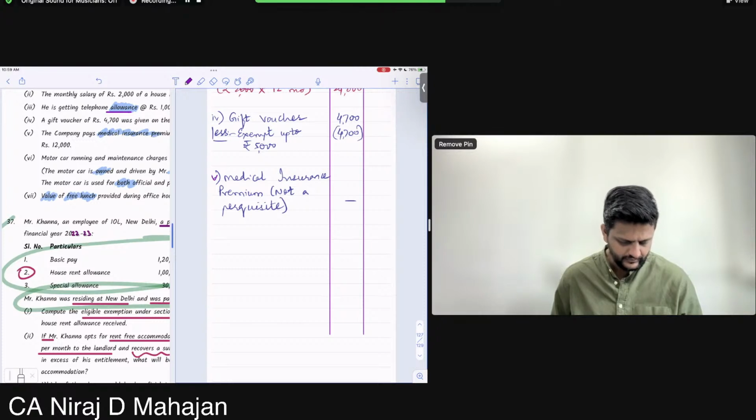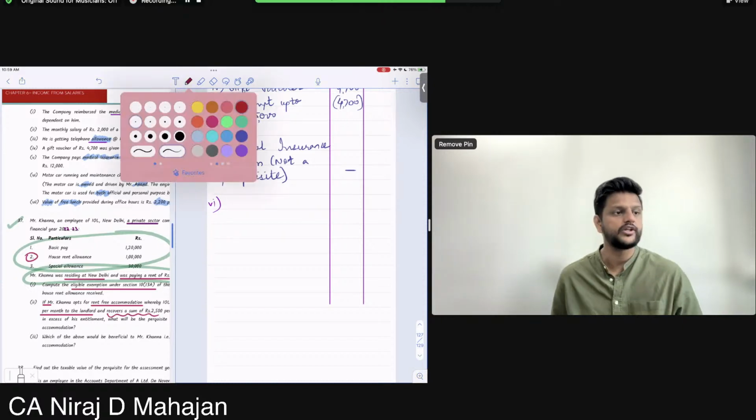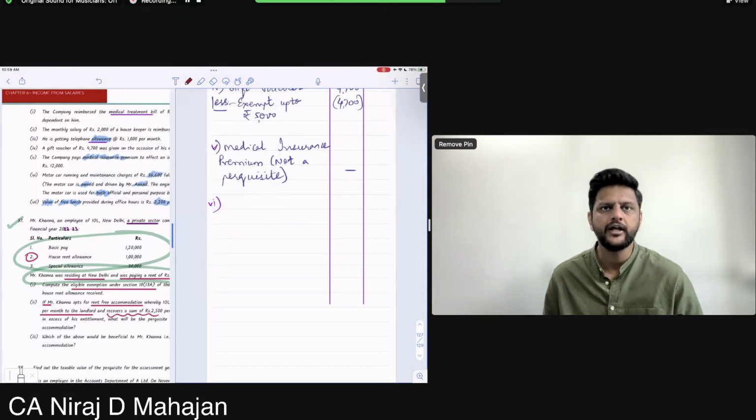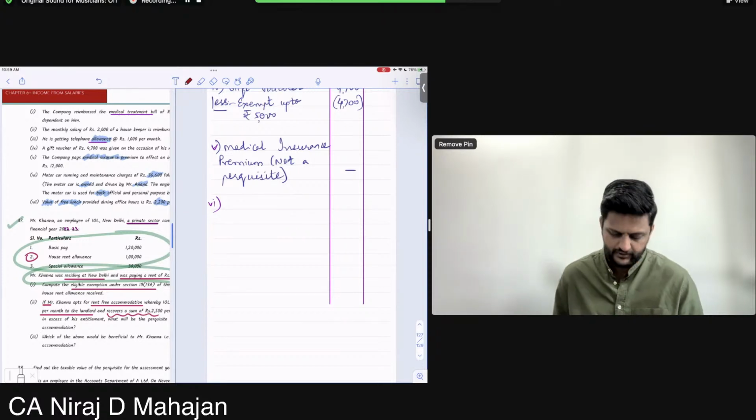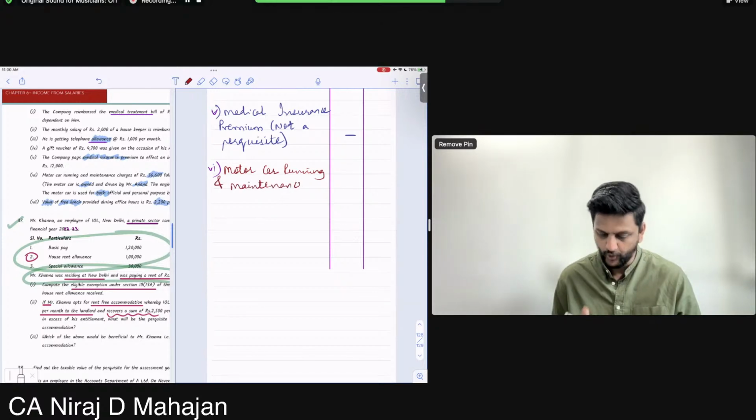Fine till here? Sixth one, motor car. Fantastic. What is the benefit to the employee? The running and maintaining expenses are paid by the employer. That is the benefit. So motor car. Running and maintenance paid by whom, children? Employer.